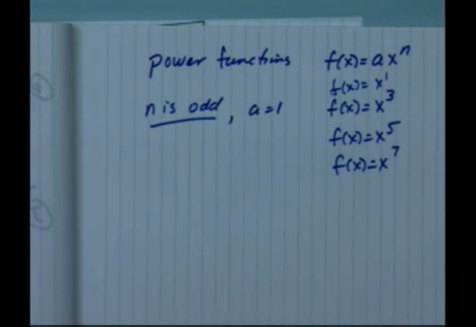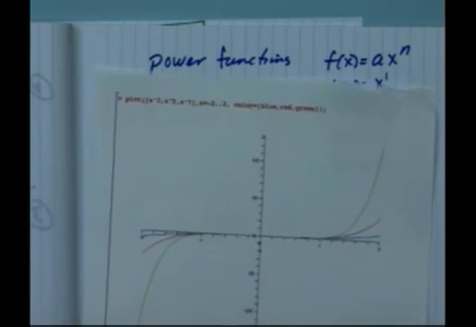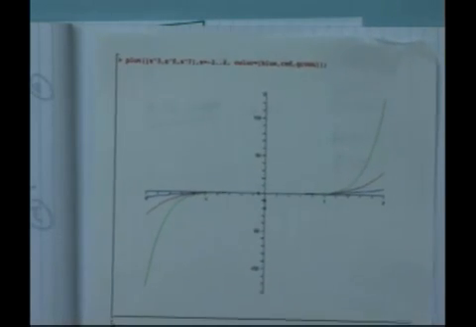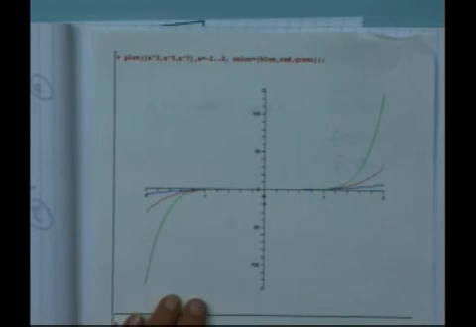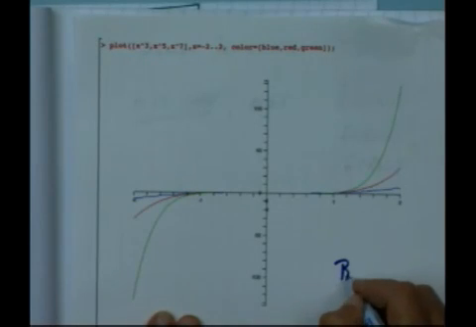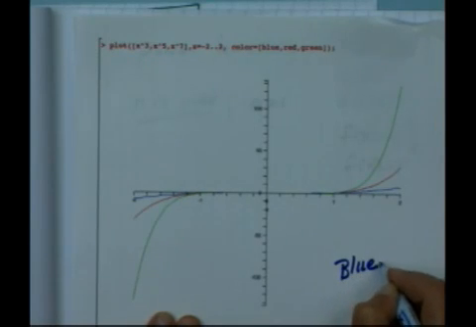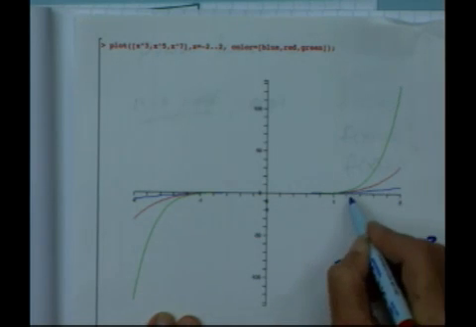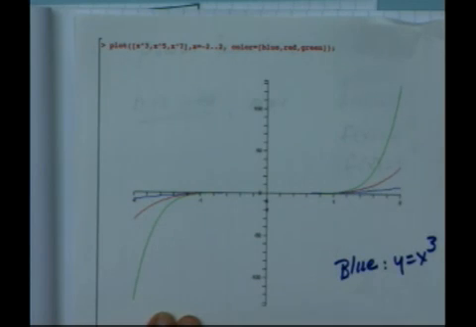All right, so I went to Maple and decided to plot these. In blue, I have y equals x cubed. Okay, there's that part right there.